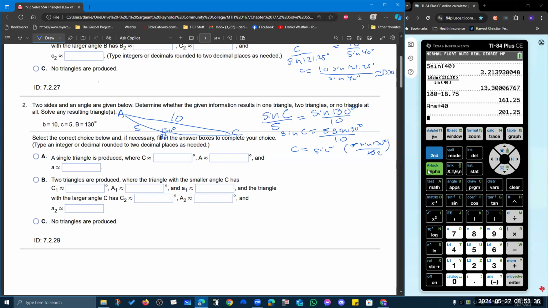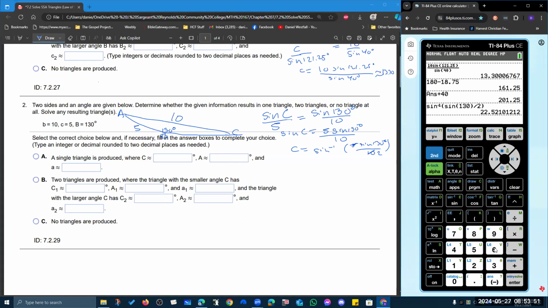So arc sine of sine of 130 divided by 2. And that gives me angle C is 22.52 degrees.